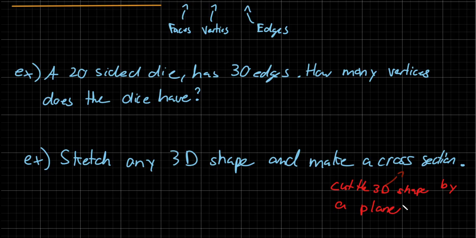So faces plus vertices equals edges plus two, for any 3D shape. Let's do a triangle. Cut it in half.